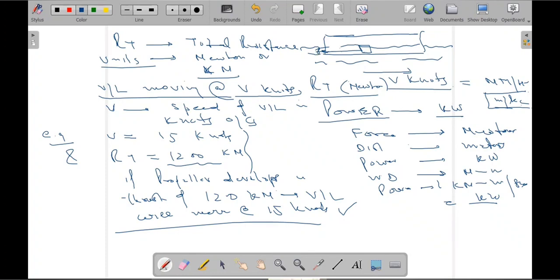Since it is a force, it will be measured in Newton or kilonewton, right? And if that force is 1200 kilonewton, exactly equal to the resistance between water and the steel of the hull, then of course if the propeller gives me this thrust, we'll have this 15 knots speed. So that is the one basic thing.